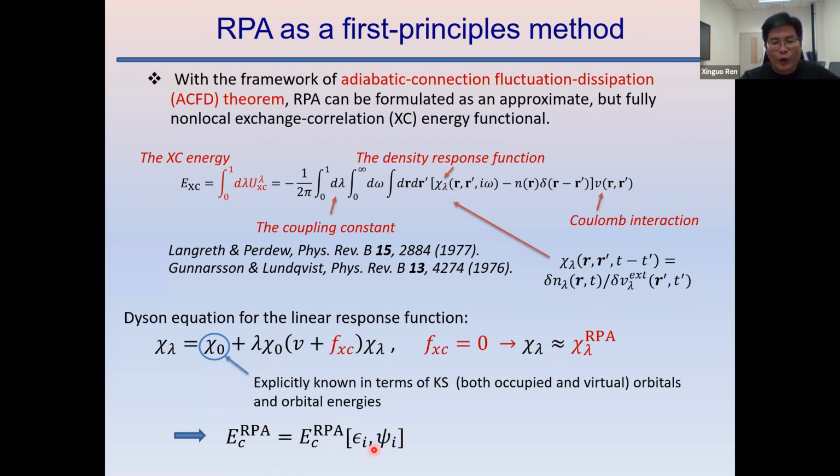In this way, RPA is defined as a functional within DFT, but it's an orbital and orbital energy dependent functional. It does not only explicitly depend on the density, but explicitly depends on the orbitals.